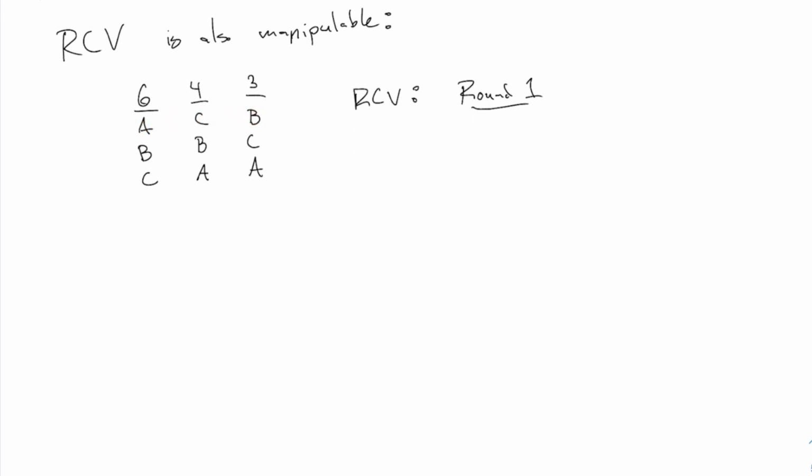B has the least, so we eliminate B. And then if I eliminate B, these votes now will count for C, and then C will get 7, and A will get 6, and so C wins in the second round. I hope you don't mind if I don't write out all the details. In round one, we eliminate B, and in round two, C wins. All right? So the winner in this election is C. That's here, here, and here, right?